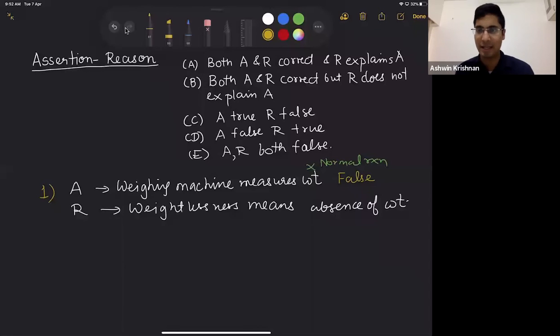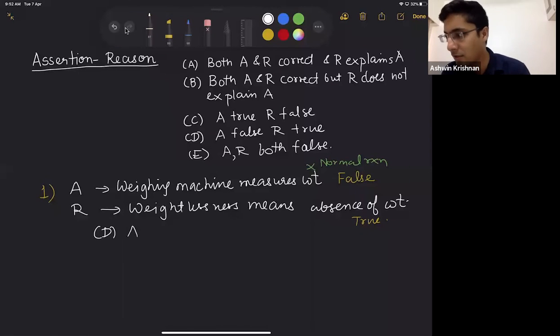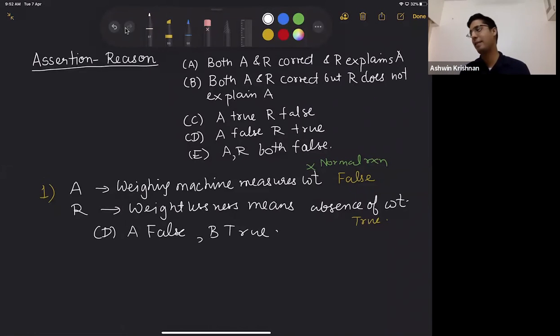That's the definition of weightlessness. That's how we describe it. This basically means the correct option in this case is D. A is false, R is true. Many of you got this wrong, right? Weightlessness actually does mean the absence of weight, relative absence of weight, but a weighing machine does not measure the weight, it measures the normal reaction. Okay. So this is how you answer assertion reason questions.